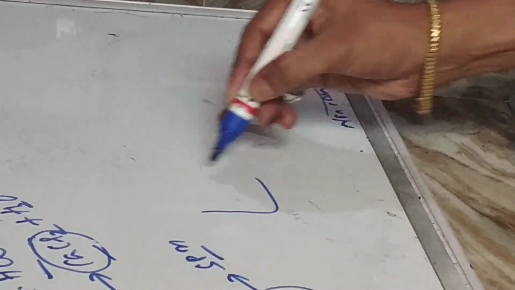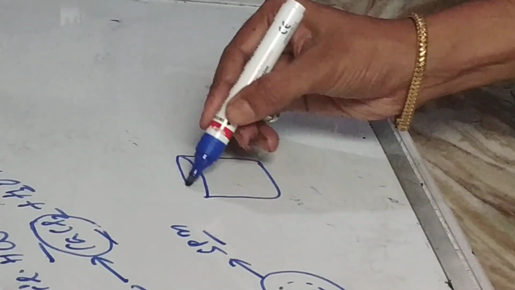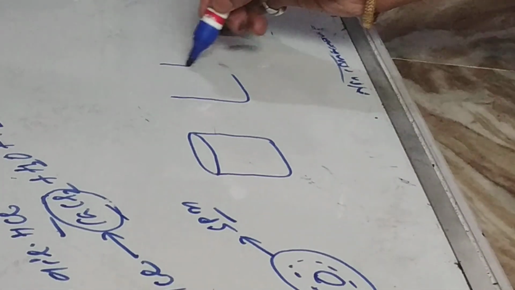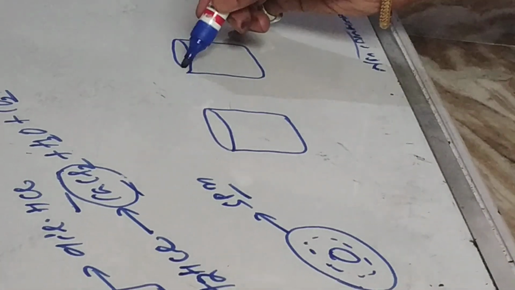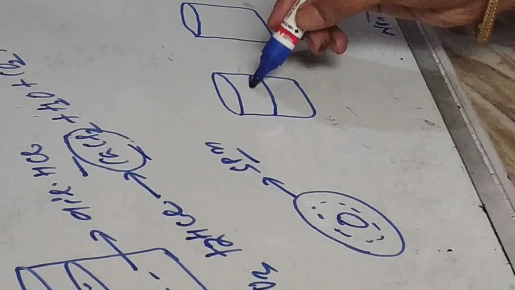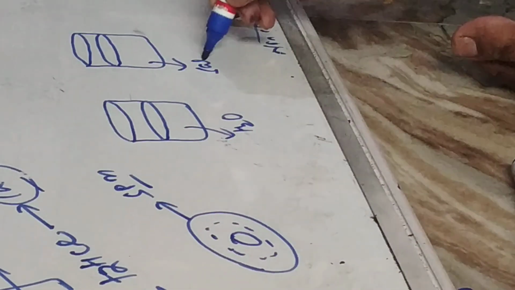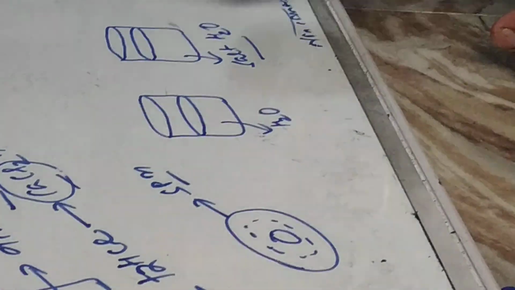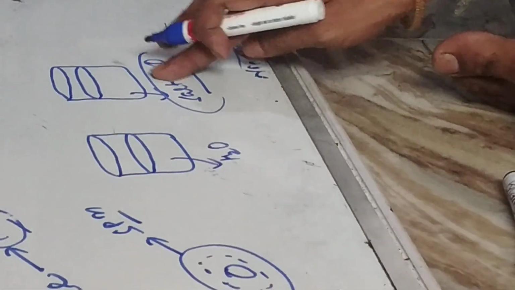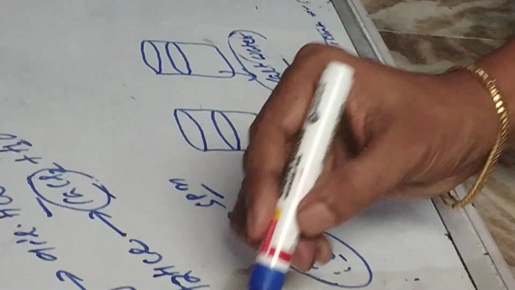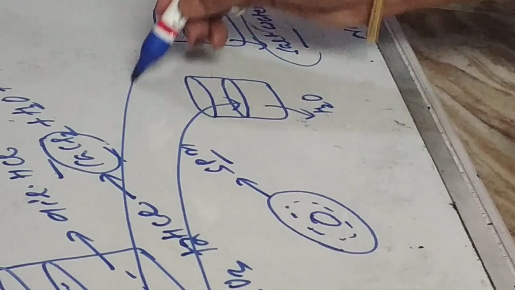And here, if I want to take 2 containers, this is one container and this is another container. In one container we are taking fresh water, in another container we are taking salt water. Now I will put one egg here and another egg here.